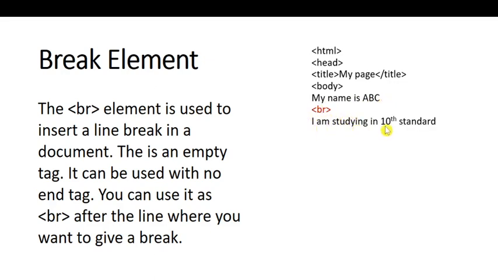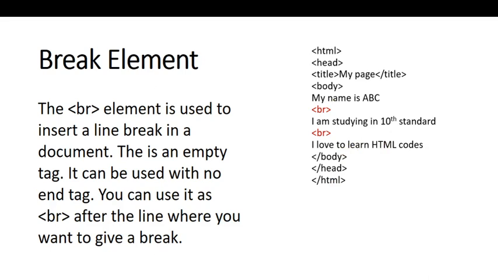Then I am studying in 10th standard, and after this line also we want a line break, so we put BR here. Then the next one is I love to learn HTML codes. This is the third text. After that, closing body, closing head tag and closing HTML tag. So this is the source code for applying a line break.